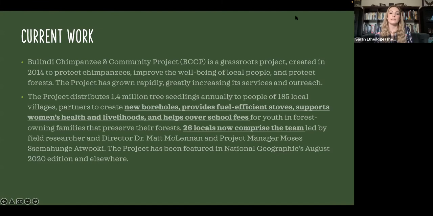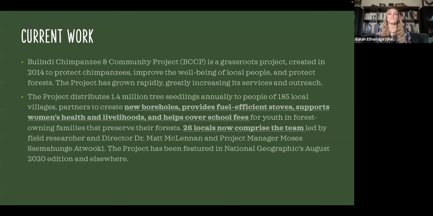They have the Burundi Chimpanzee and Community Project. And it really aligns with everything I've talked about. So they want to focus on improving the well-being of local people and protecting the forests. They have already contributed greatly to reforestation by planting all of these seedlings. They are giving people access to clean water sources.